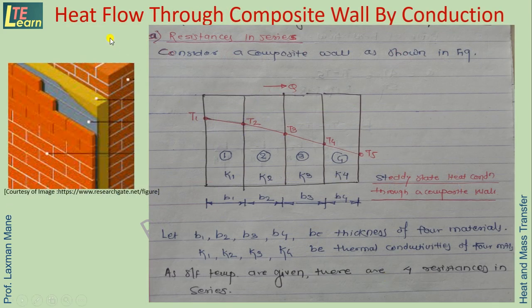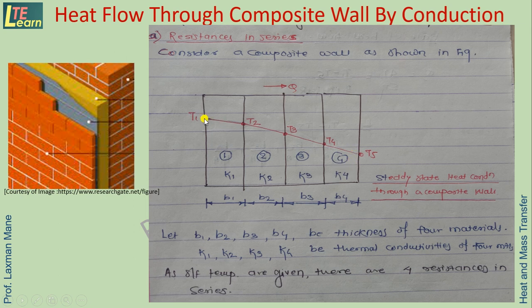Let us take an example of series. Here is heat flow through a composite wall by conduction mode. The composite wall consists of 4 layers of different materials. B1, B2, B3, B4 are the thicknesses of these 4 layers. K1, K2, K3 and K4 are the thermal conductivities of these materials.